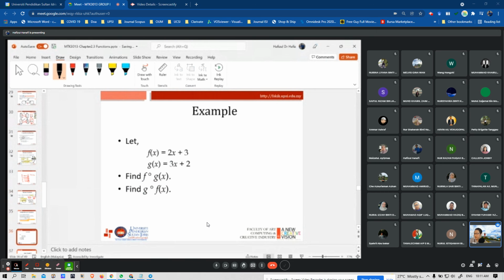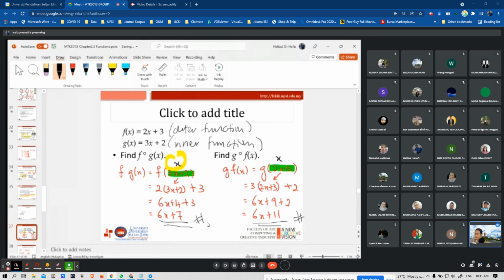Okay, for this example we look into the outer function and inner function. For f(g(x)), we replace g(x) by f(x). Then g(x) equals f(3x + 2), so 2(3x + 2) + 3, then 6x + 4 + 3 is 6x + 7.